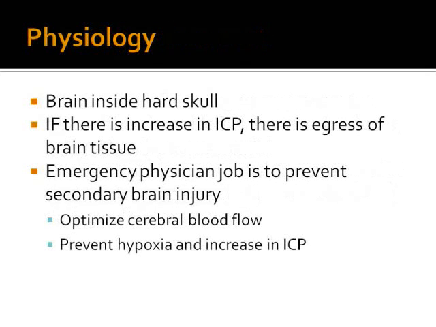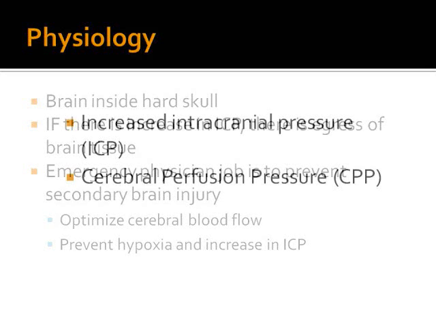Physiology. The brain resides inside a hard skull, and if there's an increase in intracranial pressure, there's usually egress of brain tissue. The emergency physician cannot do anything about primary brain injury, and the main role is to prevent secondary brain injury by optimizing cerebral blood flow.